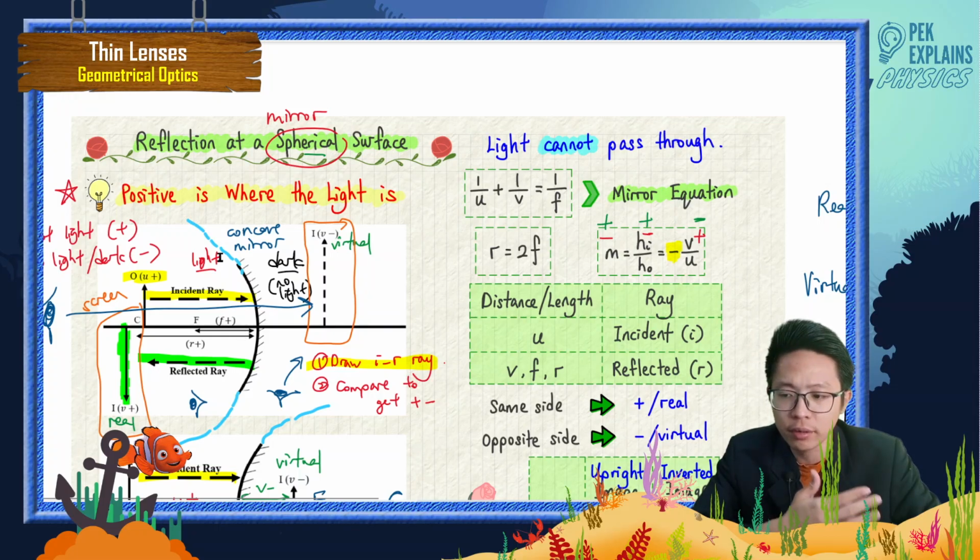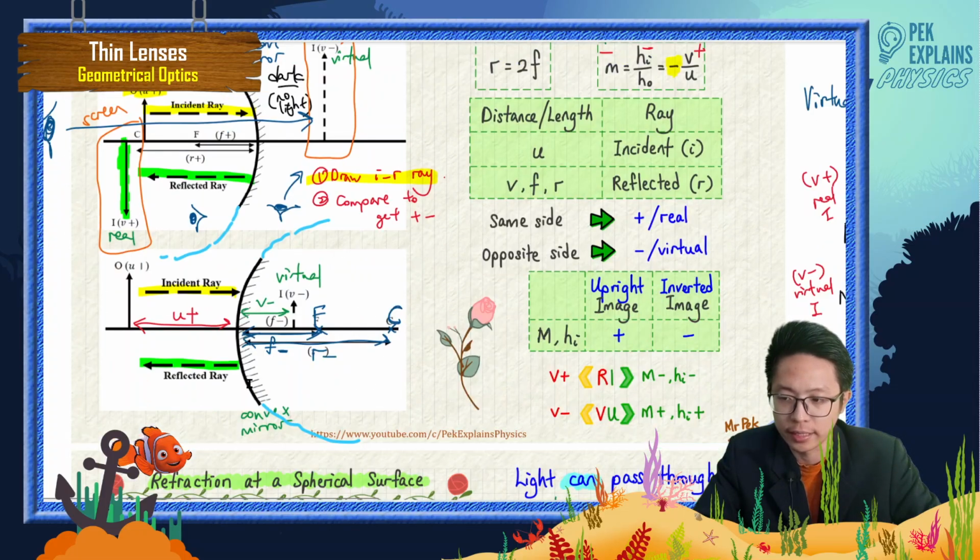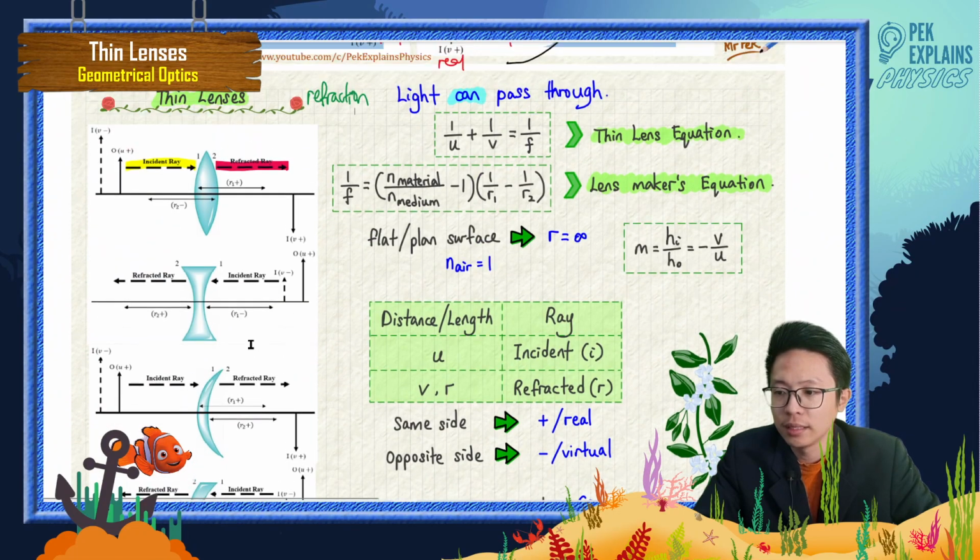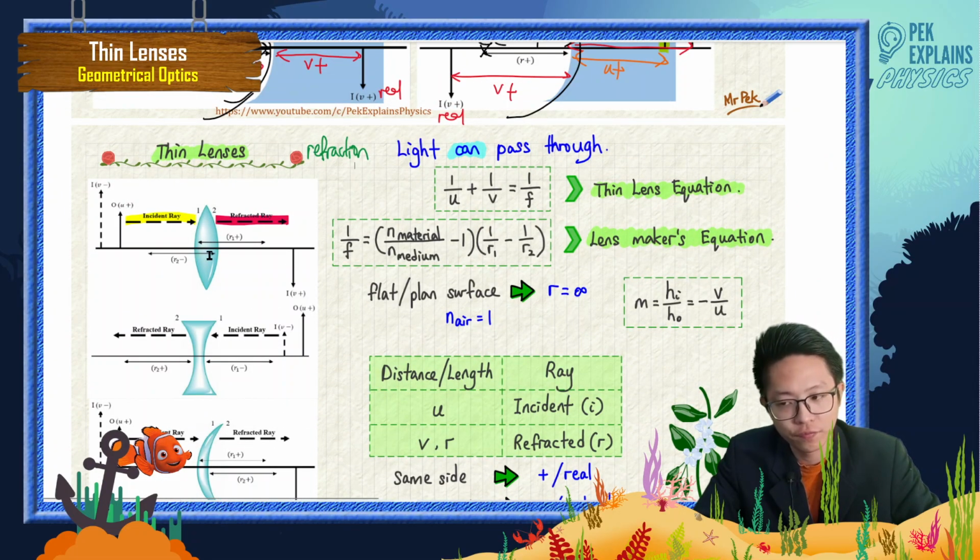That's why it only has one radius and one focal length. The focal length and center of curvature are only on one side. But a thin lens has two curved surfaces, so it has two radii and two focal points.